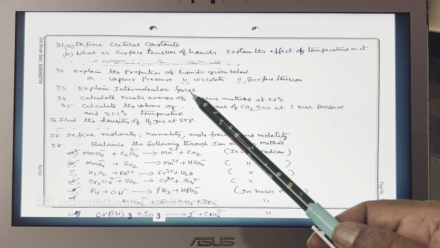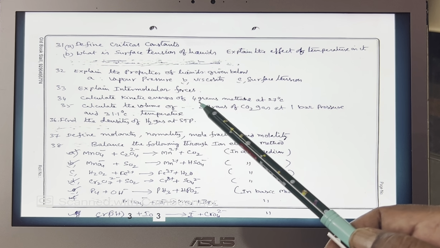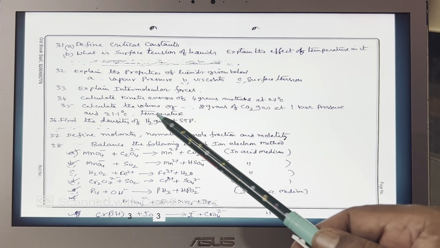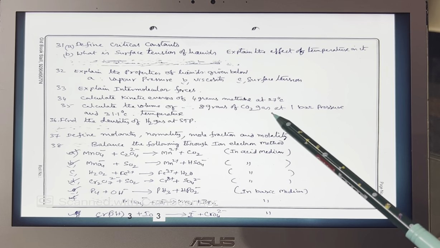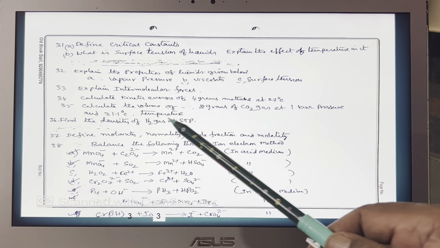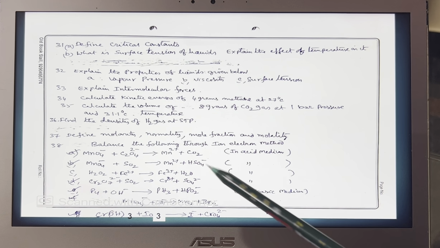Explain intermolecular forces. Calculate the kinetic energy of 4 grams of methane at 27 degrees centigrade. Calculate the volume of 8 grams of CO2 gas at 1 bar pressure and 31.1 degrees temperature. Find the density of H2 gas at STP.